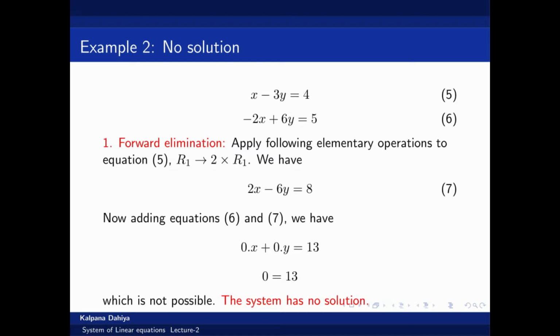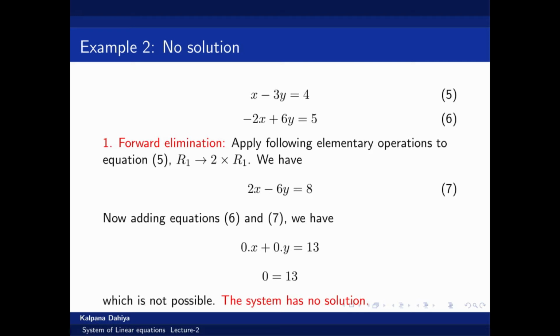Next example is for the situation where we have no solution. So consider equation number 5, x minus 3y equal to 4, and equation number 6, minus 2x plus 6y equal to 5. Now we use the first step, forward elimination. Apply elementary operations to these equations. So I am multiplying equation number 5 by 2.